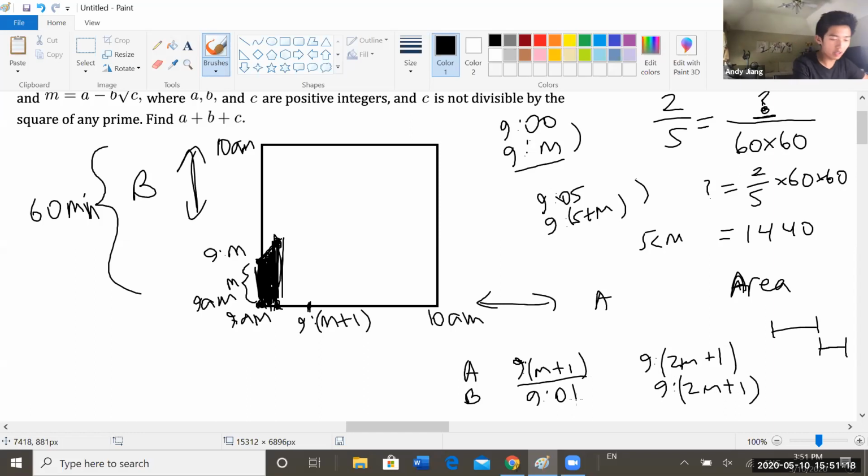Because if they came at 9:01 and they waited M minutes, then at the very end, when he's about to leave, he's going to meet person A. All right, so we've just shown that 9 o'clock isn't actually going to work the whole time. So at this point, it actually goes a little above that. So it's going to look like that.